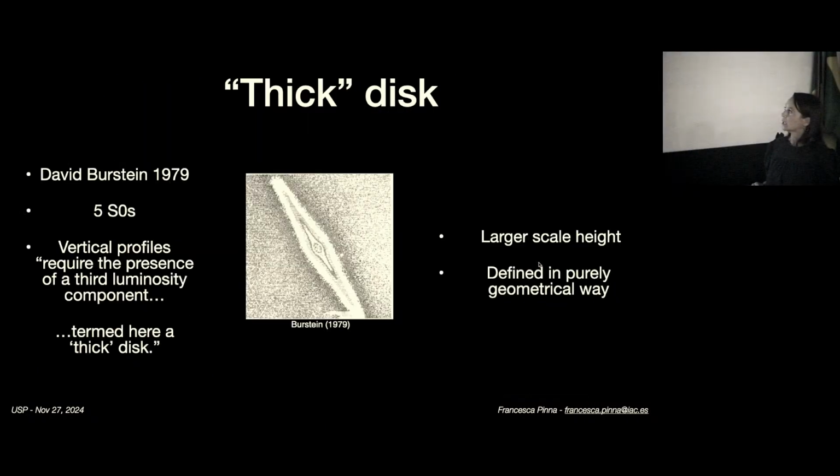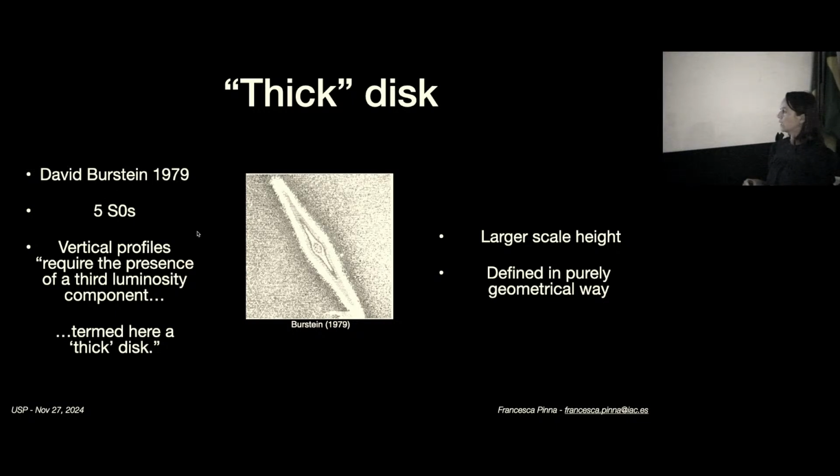So the term thick disk, a little bit of history here. This term started to appear in the late 70s when Burstein understood that it was necessary to add a second disk component to fit vertical surface brightness profiles of edge-on galaxies. In particular, this happened with 5 lenticular galaxies.